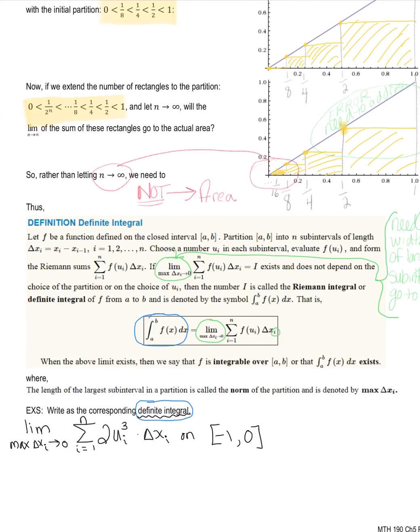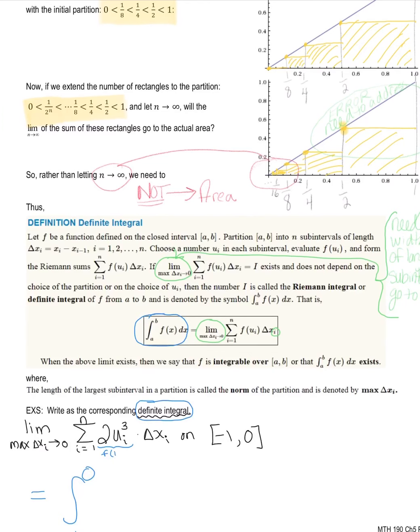So this is equal to the definite integral from a to b, so -1 to 0. Thinking of that as that sum, I'm summing from -1 to 0. The f of x, well, this is the f of u sub i.